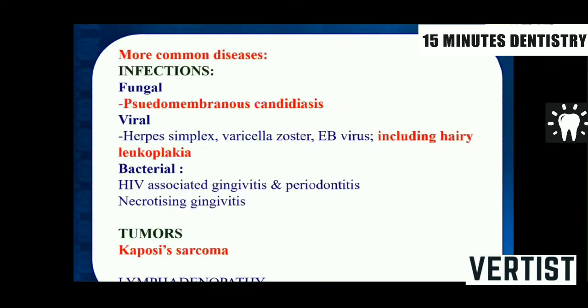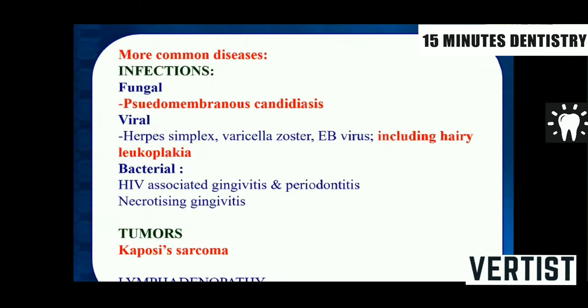Okay. Coming to oral manifestations of HIV, which is again very commonly asked, and I'm sure all the subjects have taught you this, but just for the revision, there are some more common diseases and some less common diseases. More common diseases include infections: fungal, viral, and bacterial.